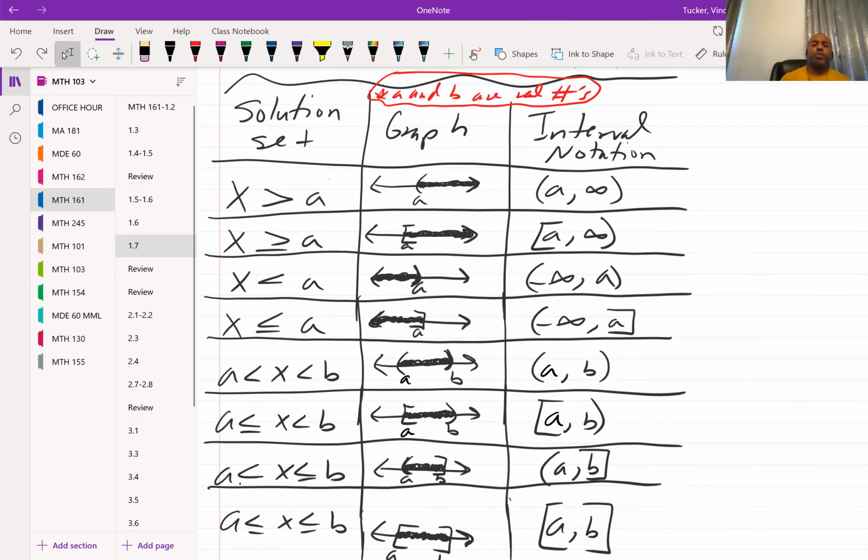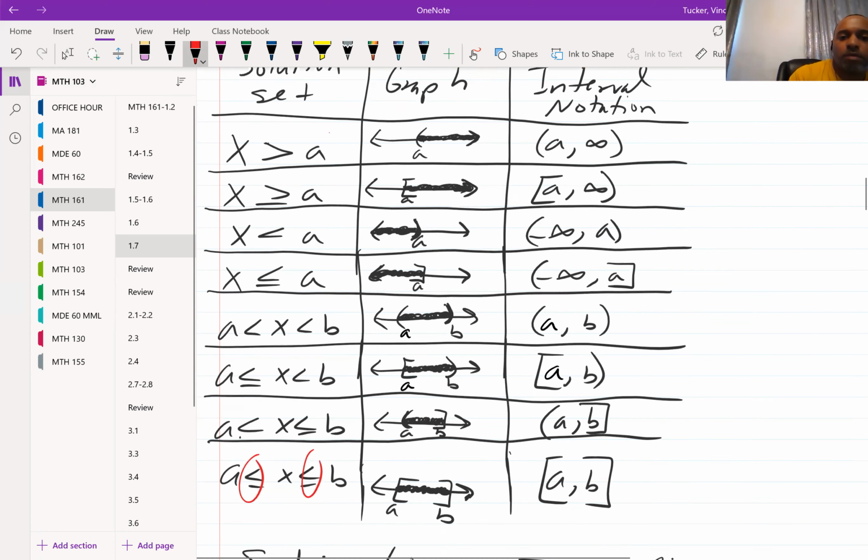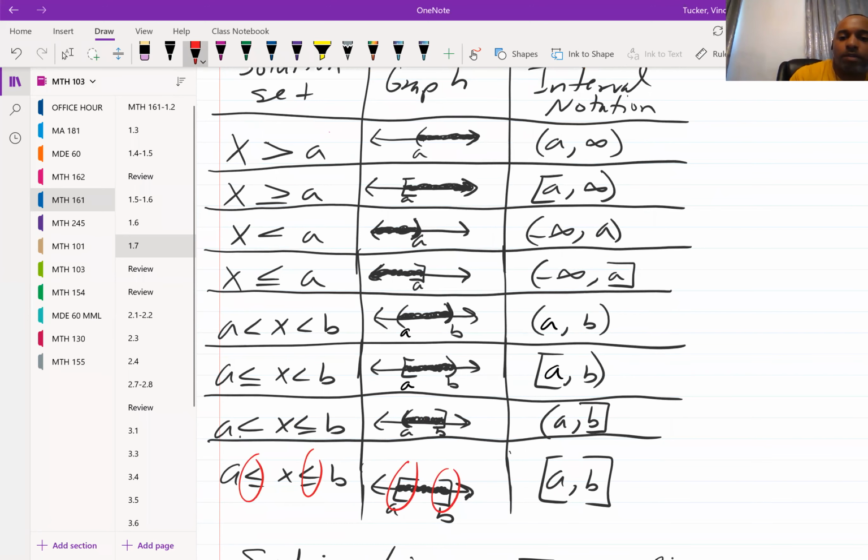And then the next one, same relationship once again, but the bracket is over b this time. And then the last one has brackets over both. So that's what we have going on here.